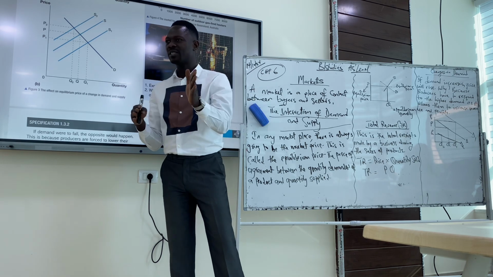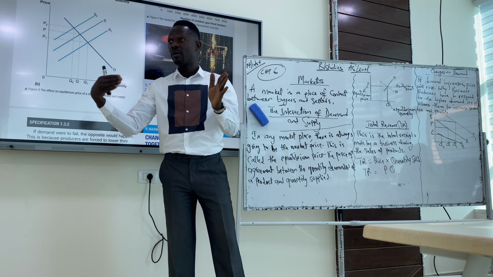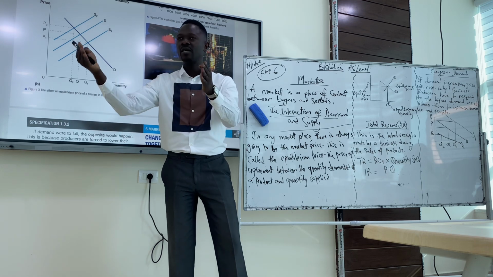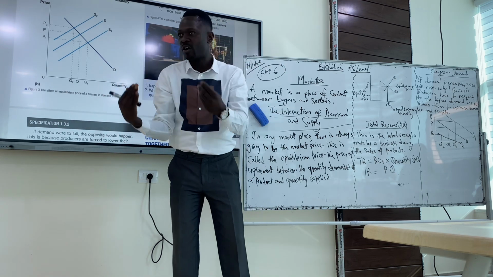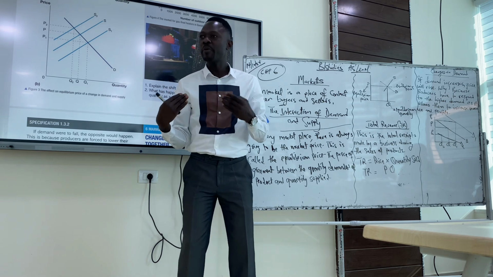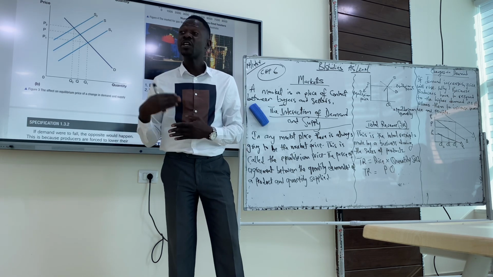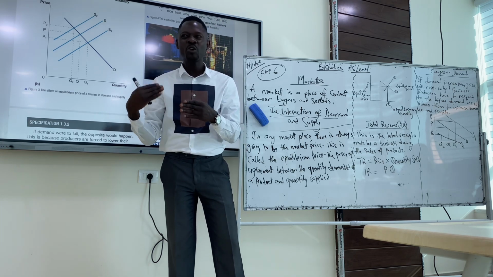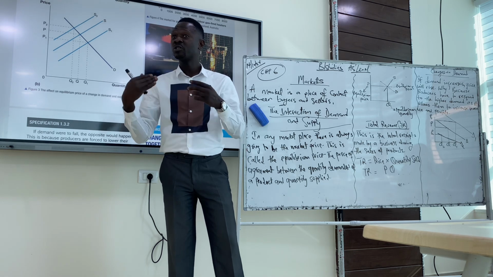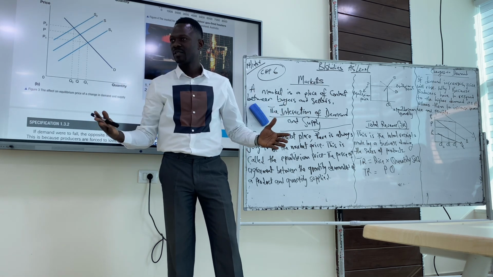So as soon as price increases, consumers want more. Consumers want more, price has increased. Suppliers will supply more because they want to make more profit, isn't it? In the course of supplying more, the market will go to a disequilibrium because consumers would have had excess.